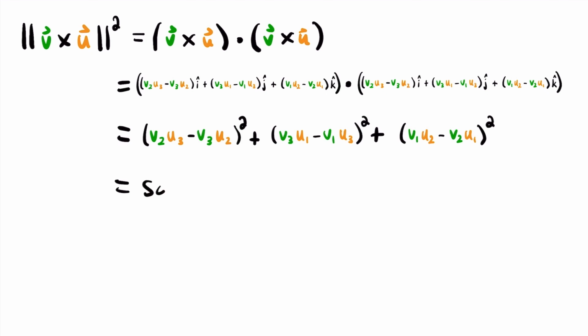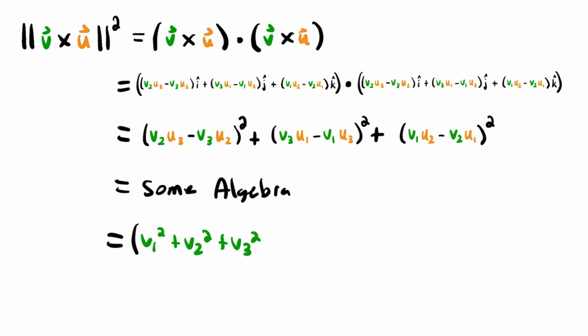So you're going to have some algebra here. And then the result of that dot product will simplify to look like this. You're going to have a quantity of v1 squared plus v2 squared plus v3 squared. And then that's going to be multiplied by another quantity of u1 squared plus u2 squared plus u3 squared.